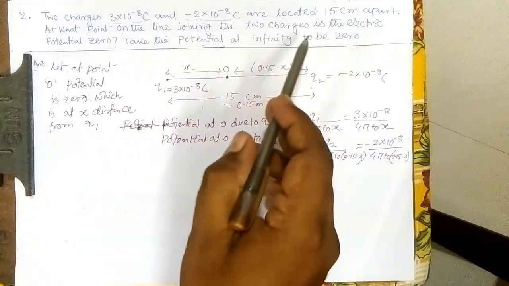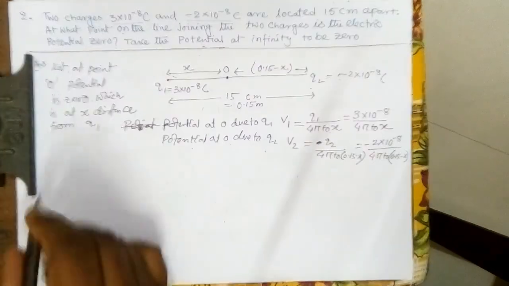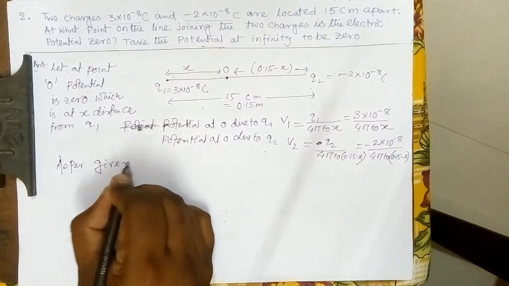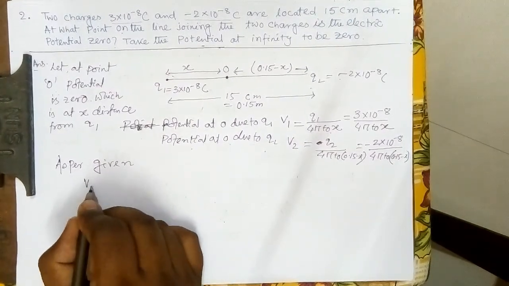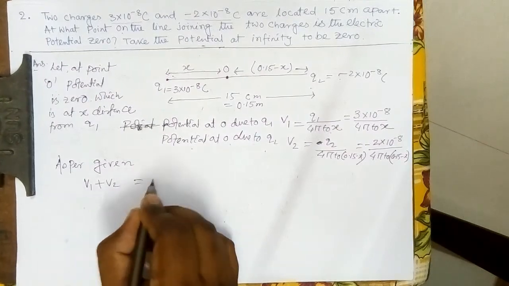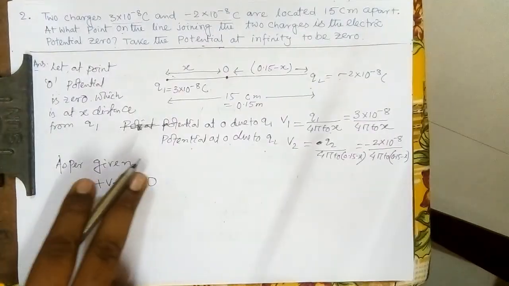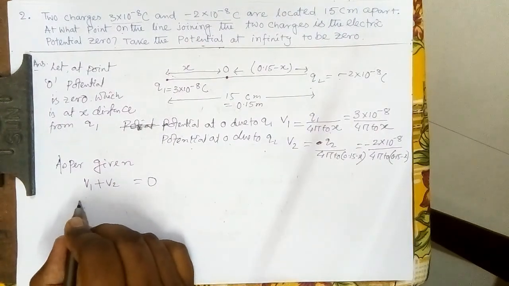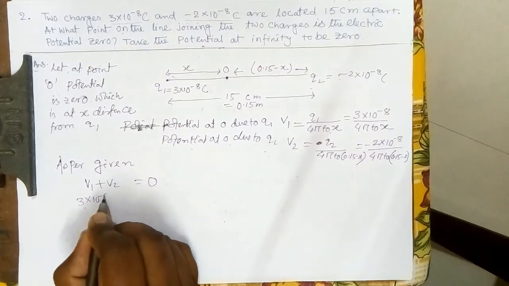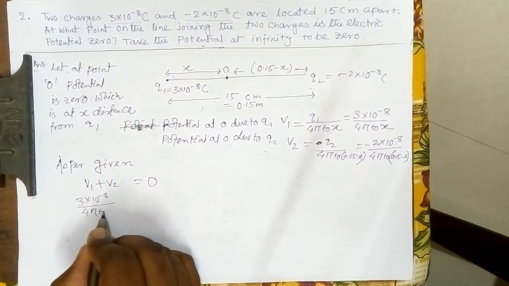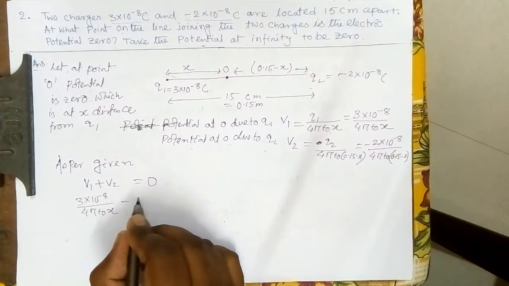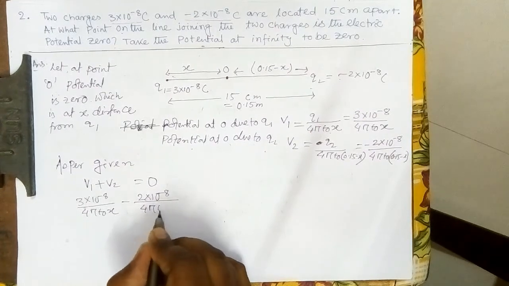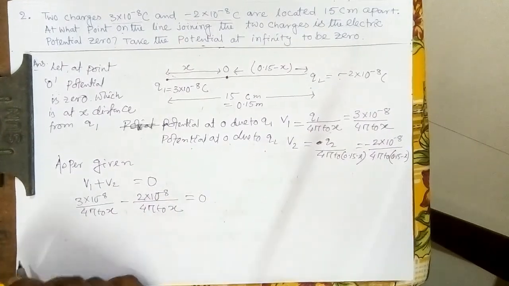Now it is told that the total potential will be 0. So as per the given condition, V1 plus V2 should be 0 at point O. If I put the value of V1 and V2, that is 3 into 10 to the power minus 8 by 4 pi epsilon naught x minus 2 into 10 to the power minus 8 by 4 pi epsilon naught into 0.15 minus x equals 0.